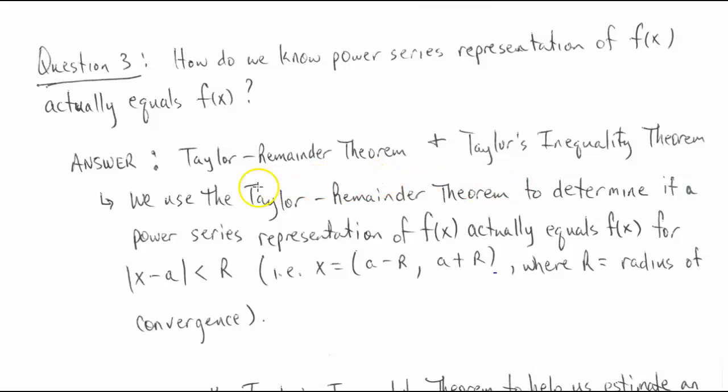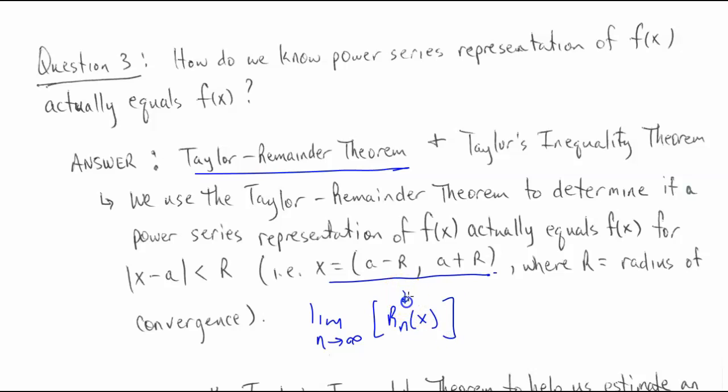So the first theorem is going to be called the Taylor remainder theorem. And again, I'm just going to give you the summary of it. The Taylor remainder theorem essentially says if we're picking x values that are known to make that power series converge, called the interval of convergence, and we know that the limit as n approaches infinity of R sub n of x, and what this function represents is the remaining terms of a Taylor polynomial, and I'll write it like this.